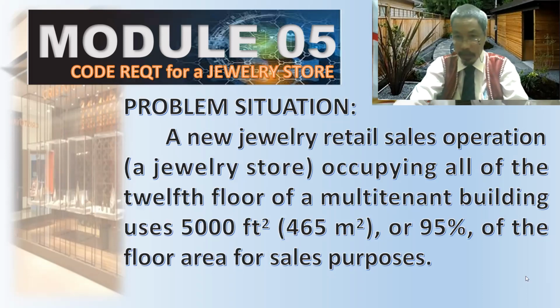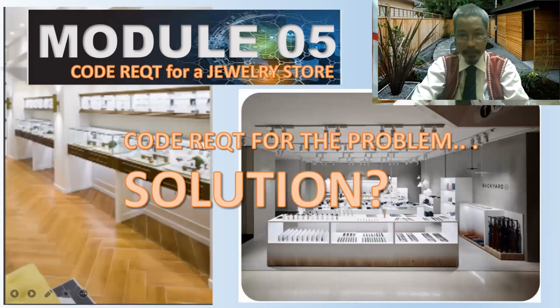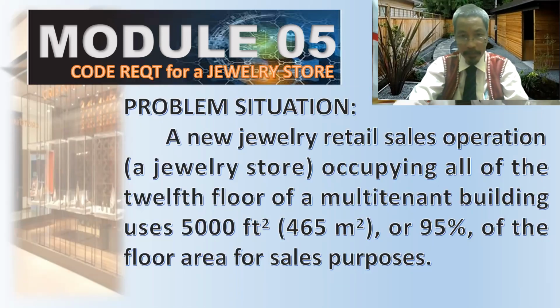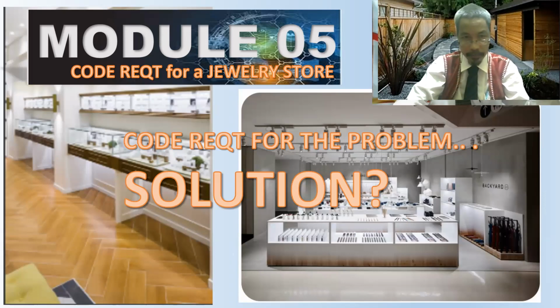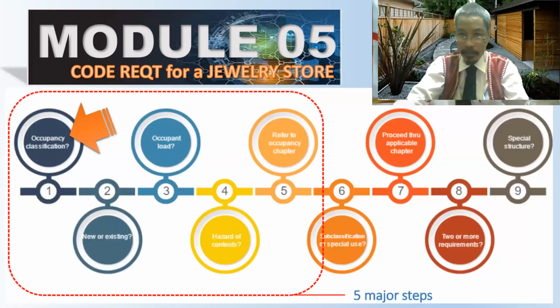So take note of this 95% floor area for sales purposes. So, code requirement for the problem. What is the solution? The task. Look at it one by one, using this 9-step standard procedure in finding out the code requirements.